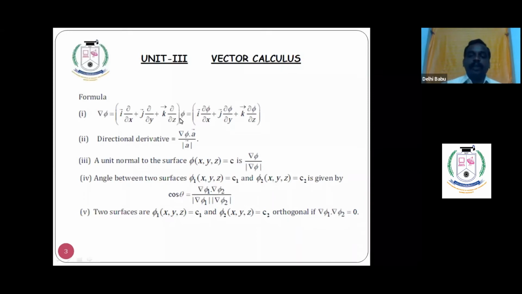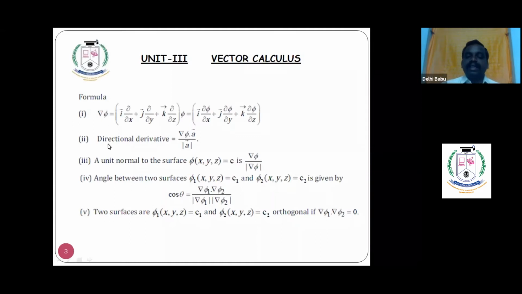Now multiply this phi to the entire bracket terms. You get i vector into dou phi by dou x plus j vector into dou phi by dou y plus k vector into dou phi by dou z. This is the expansion of del phi. This del phi is called gradient phi.